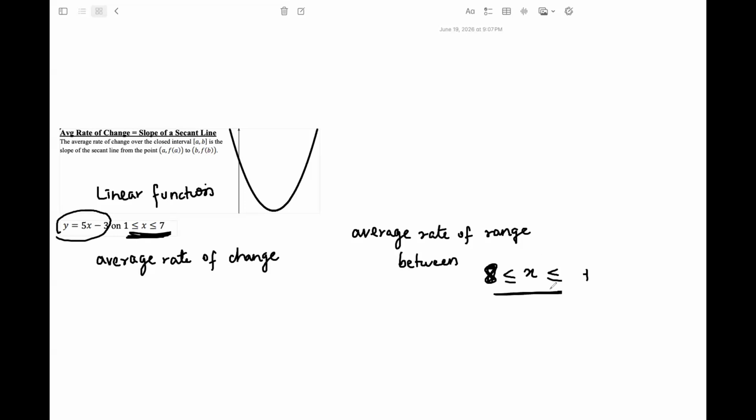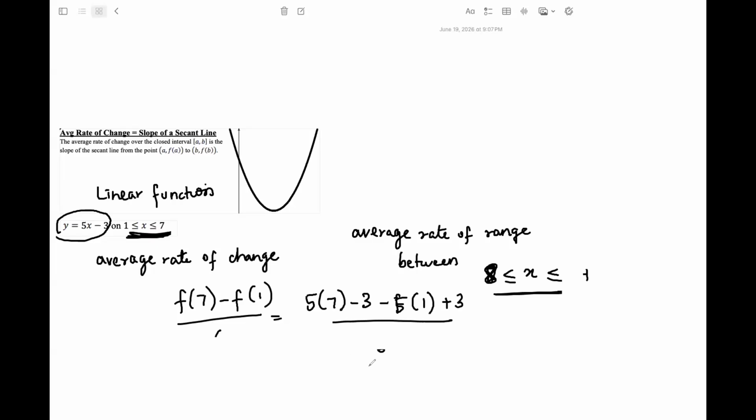I just want you to understand something about linear function, and see, now this is where it goes, the ramp goes a little up. Okay, so here the average rate of change is a 5.